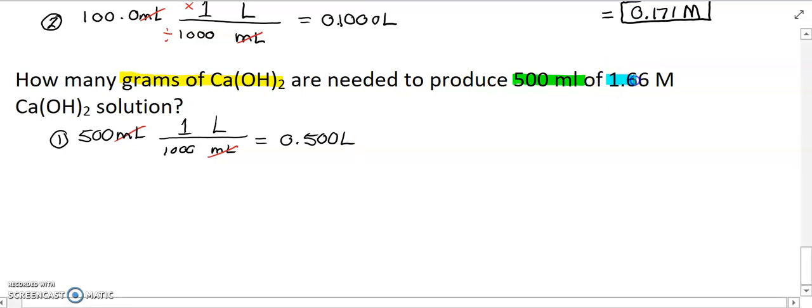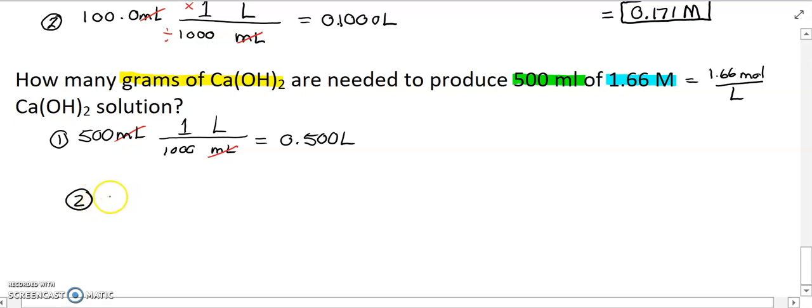Then they give me a molarity. So I have 1.66 with a capital M. But I know that this works better if I turn it into 1.66 moles per liter of solution. And if that's the case, then I am going to start with my volume.